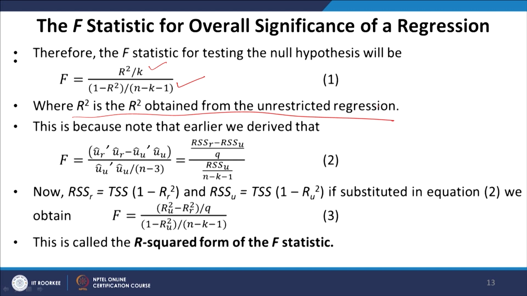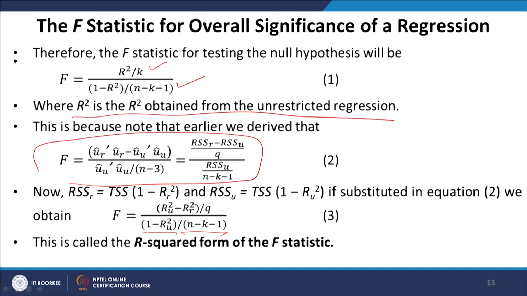This is because, note that we had earlier derived that, and on that basis we can also derive that RU square minus RR square divided by q, divided by 1 minus RU square divided by n minus k minus 1.